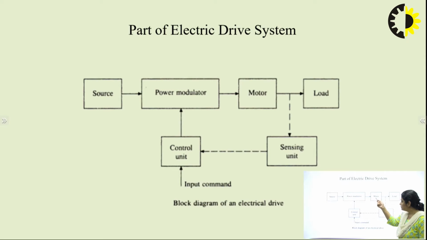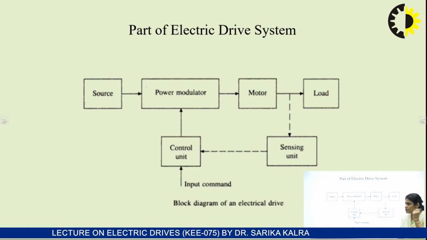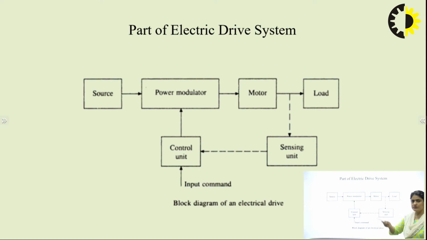If you take the example of an electric vehicle, it is a load. Nowadays the BLDC is the more demanding motor for a particular electric vehicle load. So for that we need a BLDC, the brushless DC motor.